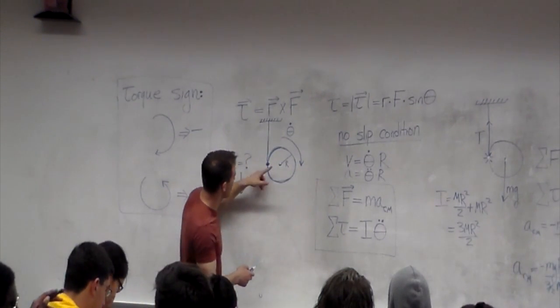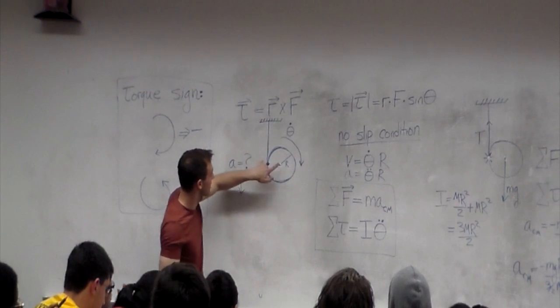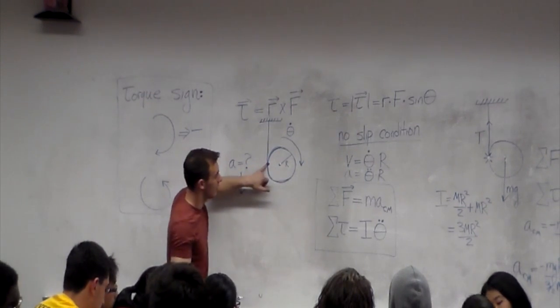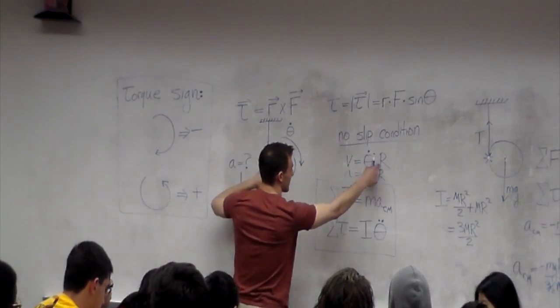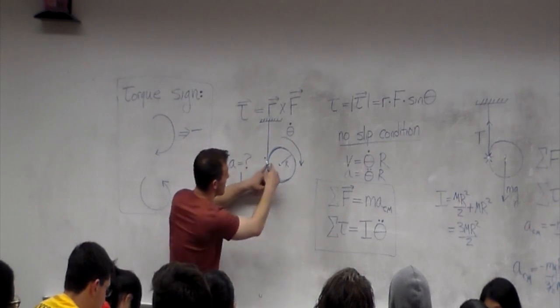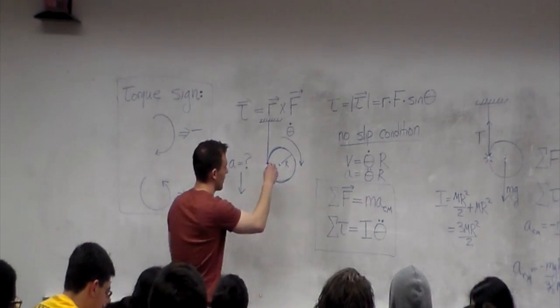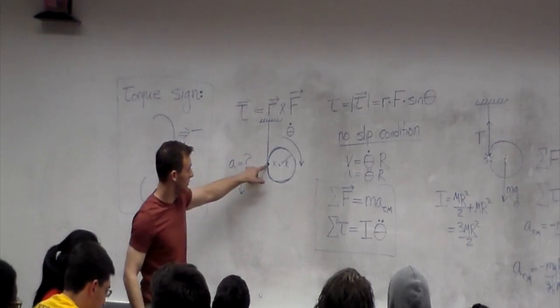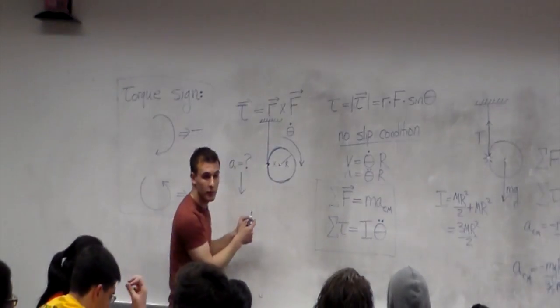So the velocity of this spot with respect to this point of contact is theta dot times r. The velocity of this spot relative to this point is theta dot times 2r.